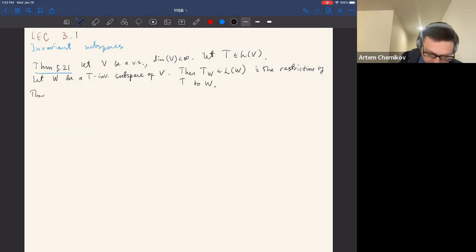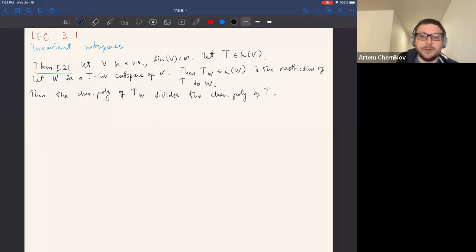So then the characteristic polynomial of T_W divides the characteristic polynomial of T itself. Okay, so we have this nice relationship, and we saw some examples of this for a particular operator.